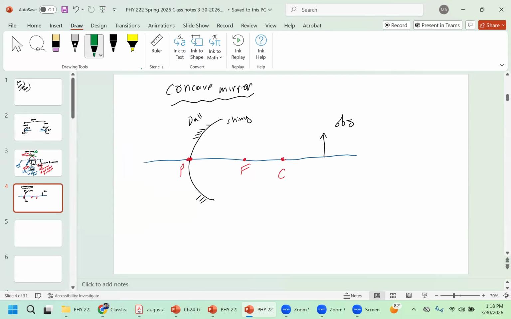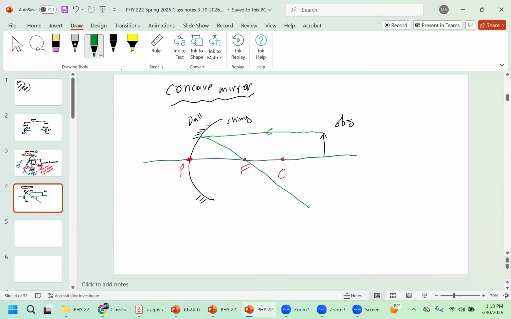And this ray is going to hit the shiny side, and it's going to reflect through the focus.